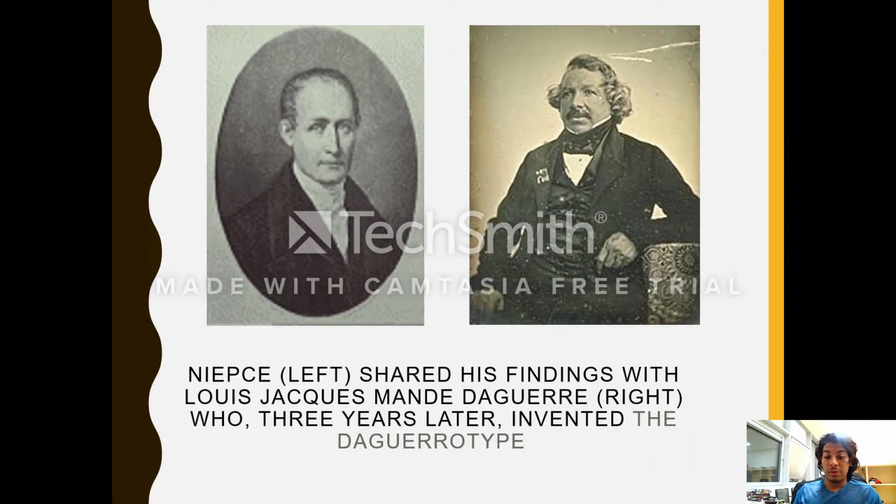So now slowly we will shift to talk about the daguerreotype, which was going to give rise to modern photography and really advanced technology, which led to digital cameras ultimately.